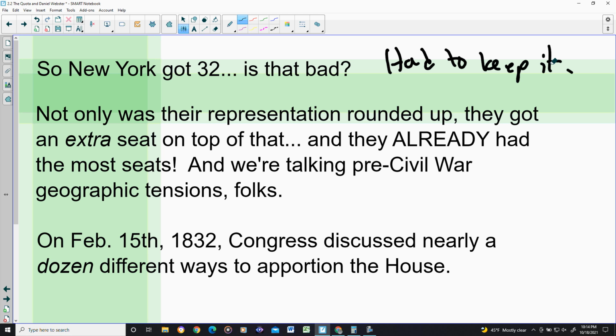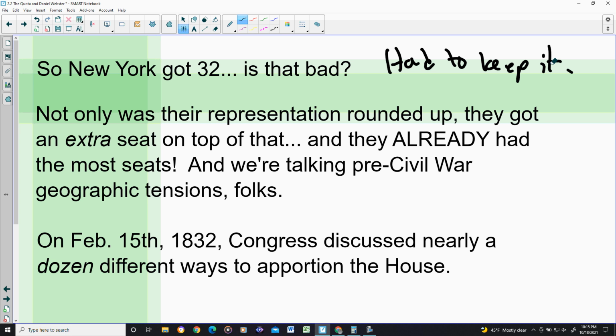Congress could not vote, nor did they have enough time to discuss and come up to a vote to modify the apportionment method to change this, nor would they get enough votes from support from the big states to do that. So they had no choice. Had to stay. Another reason why the South was not too happy with the way things were going.